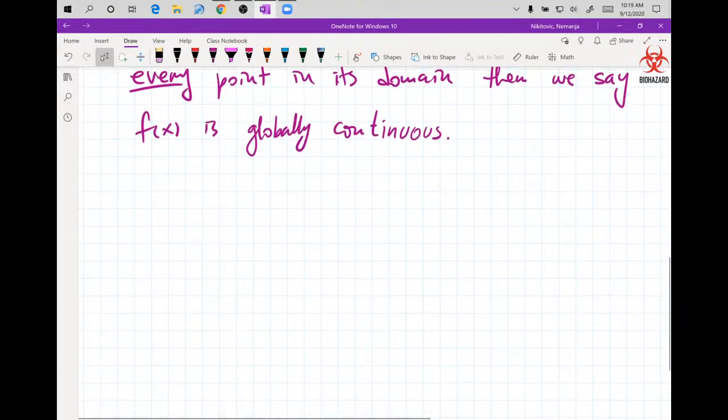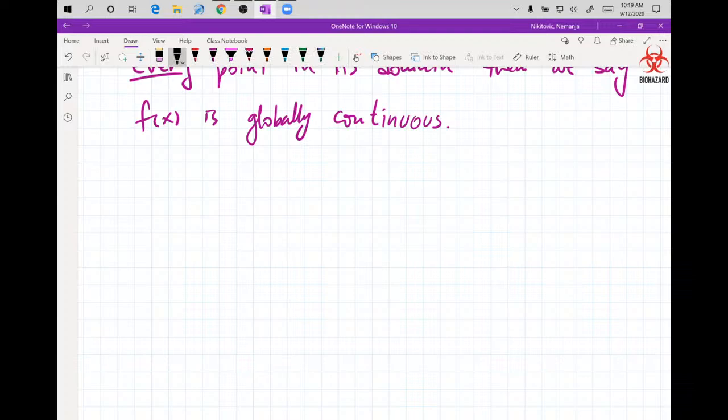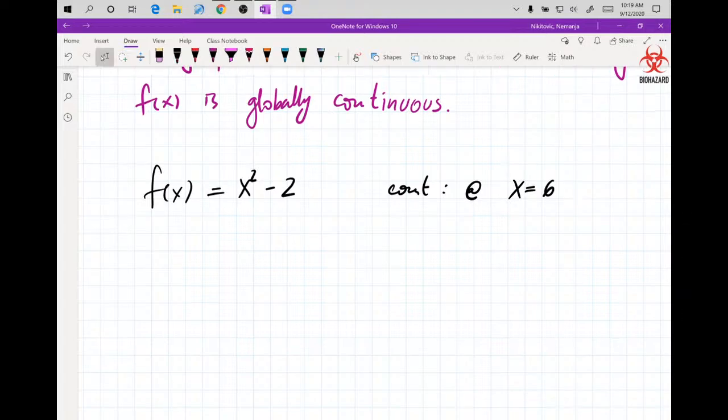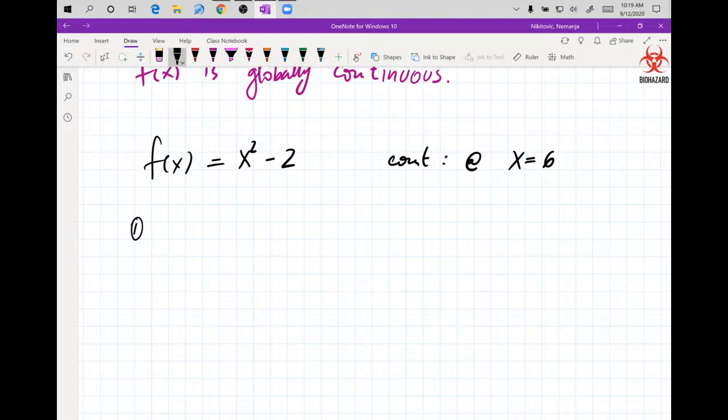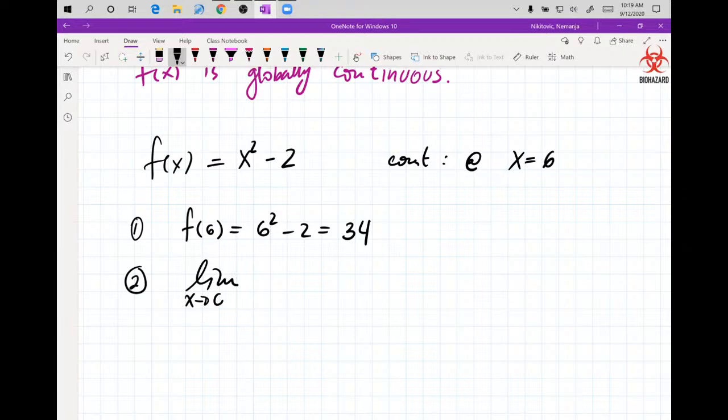So I can have a function f of x equals x squared minus 2. And I want to check continuity at x equals 6. I go like this. How much is f of 6? It is 6 squared minus 2, that's 34. Then I check the limit as x goes to 6 of x squared minus 2.